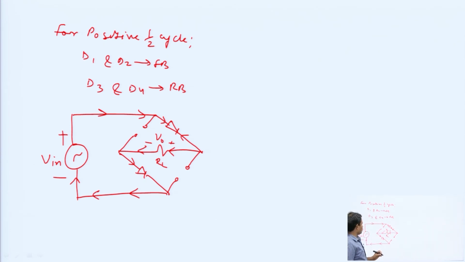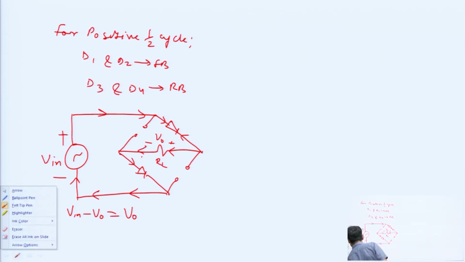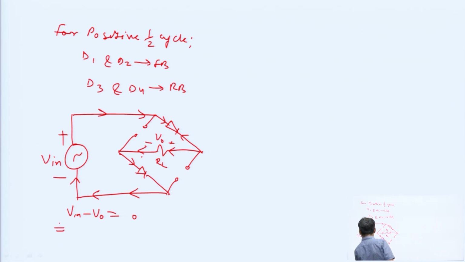What will be the output voltage? If we apply KVL, here this is V input and ideally 0 minus V naught equal to 0. This means V input minus V naught is equal to 0. This implies V output is equal to V input.